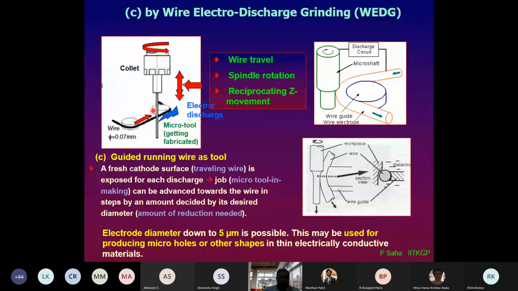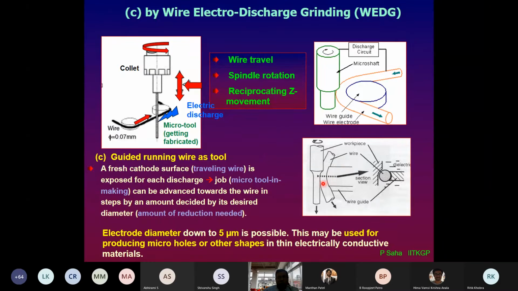So what we can do is make the tool by CNC programming very close to this wire, but it will not touch the wire. A small gap will be maintained. So when we have this discharge circuit, pulse DC voltage, and locally flood these things with a dielectric, there will be a discharge over here.